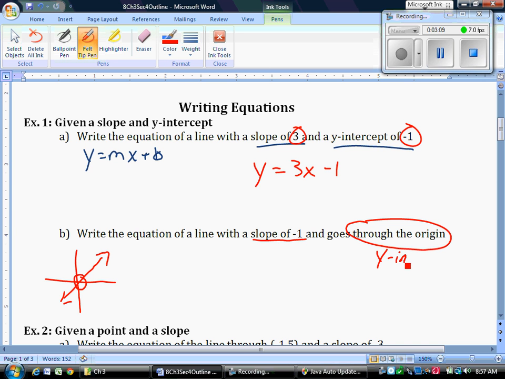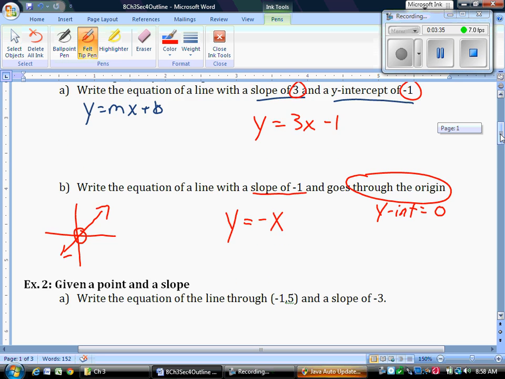It tells me that the y-intercept equals 0. Remember, a y-intercept is where it crosses the y-axis. So my y-intercept is 0, which tells me that my formula is just negative x: negative 1x plus 0 is just negative x. So that's the first type of problem you'll see: given a slope and a y-intercept, you can just go right to slope-intercept form.